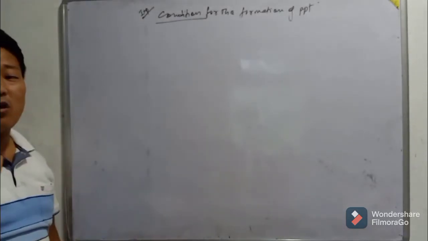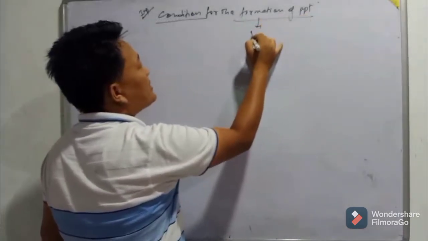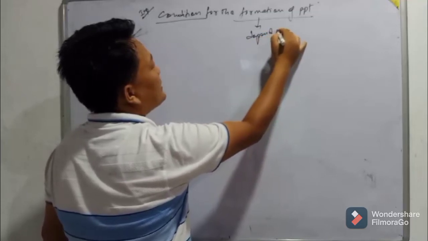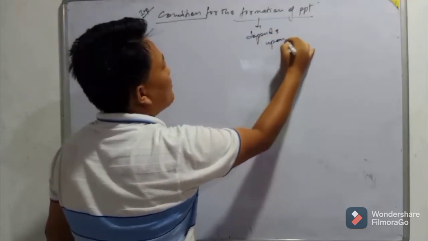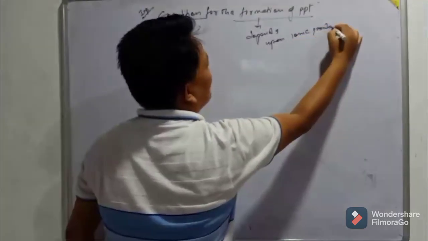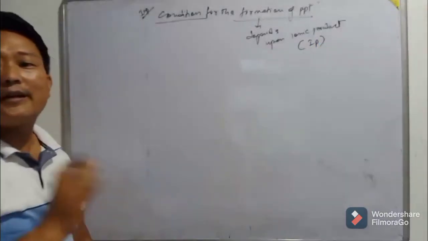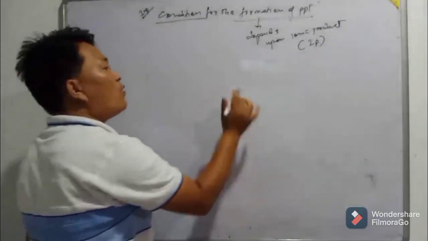That will depend on... Now see, formation of the precipitate will depend upon the ionic product, IP.